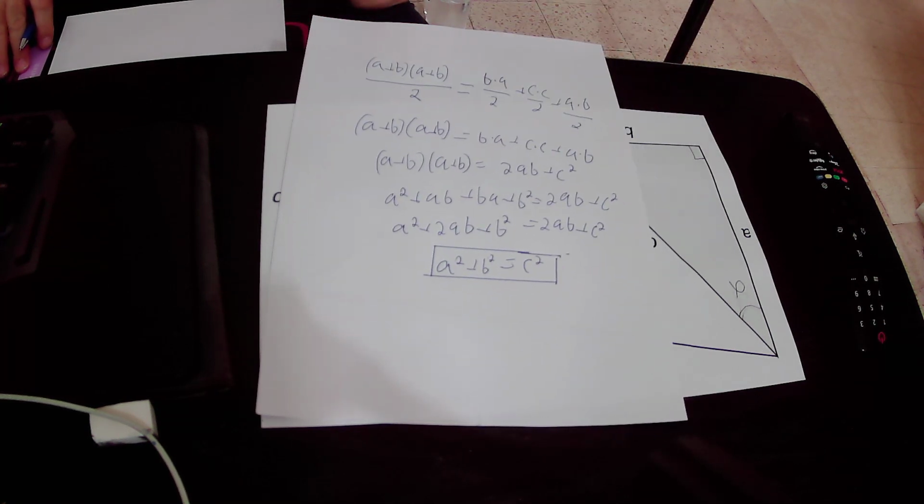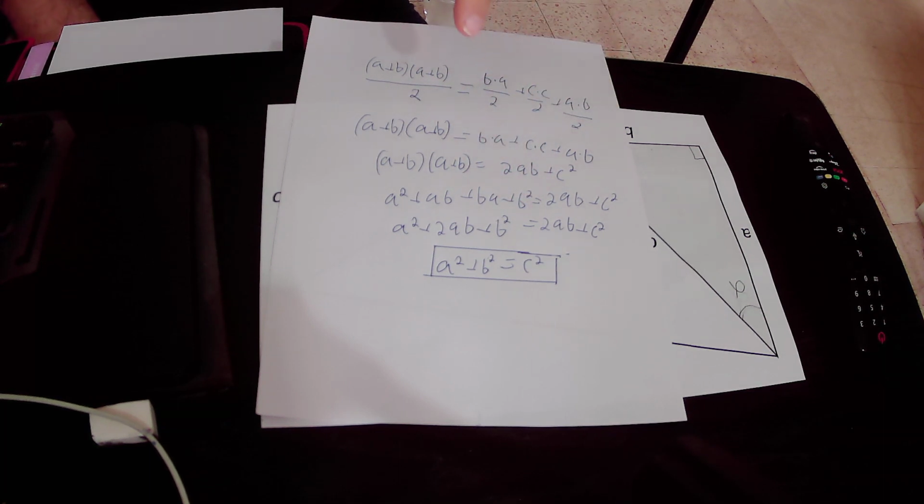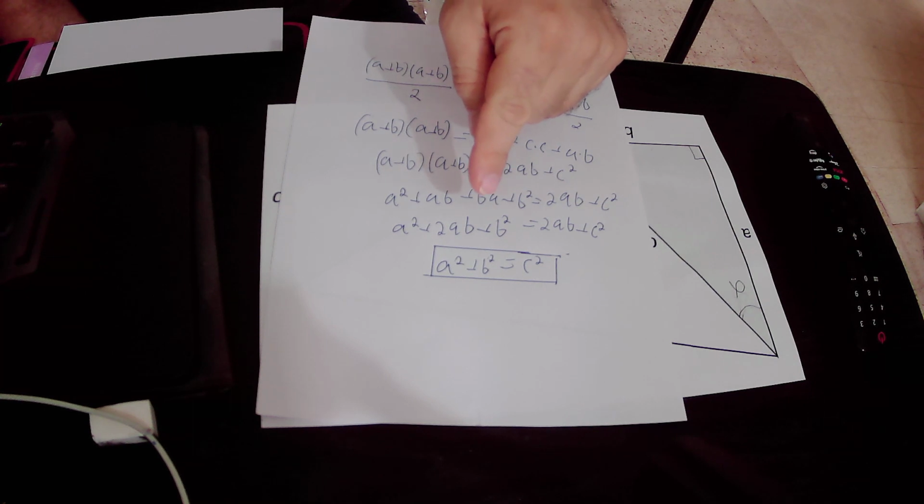After we subtracted 2ab from both sides, we got that a squared plus b squared equals c squared, and this is exactly the Pythagorean theorem, which says that the square of the hypotenuse is equal to the sum of the squares of the perpendiculars, or c squared is equal to a squared plus b squared.